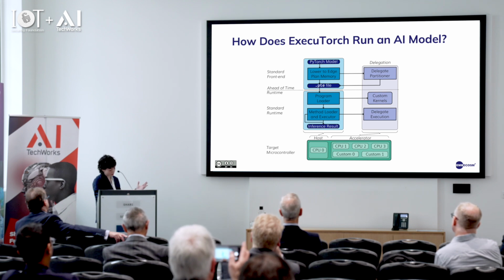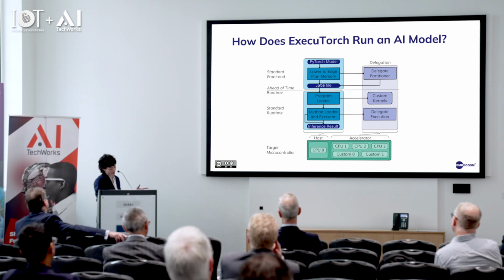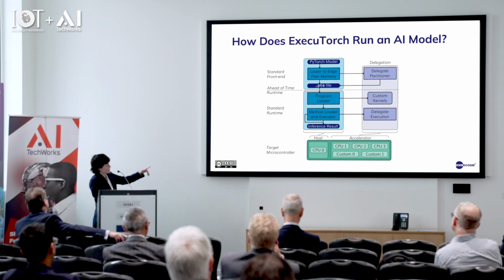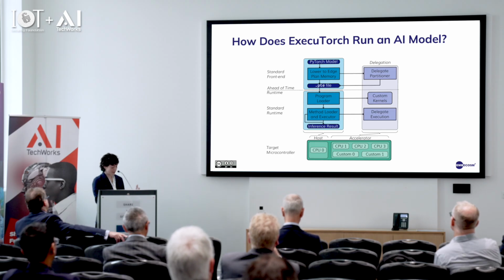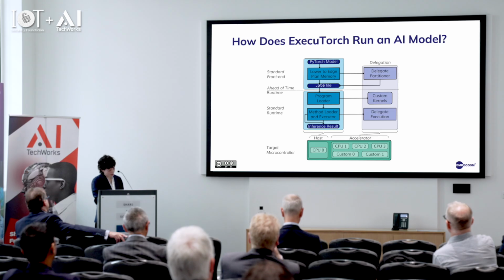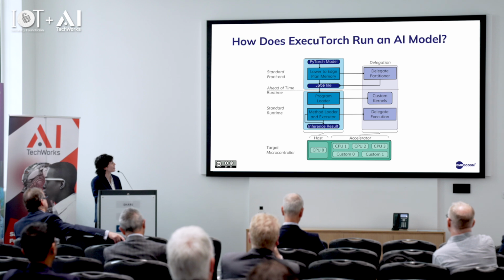We take the model through PyTorch, then the ExeTorch front end lowers it into a portable format. The delegate partitioner, still in the ahead of time part, analyzes the graph and decides which parts of the model are going to be delegated, so what parts we want to run on the host or the accelerator.